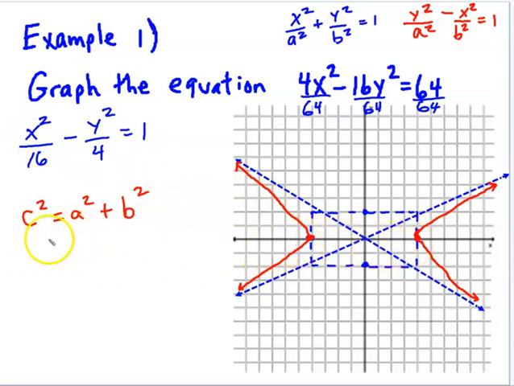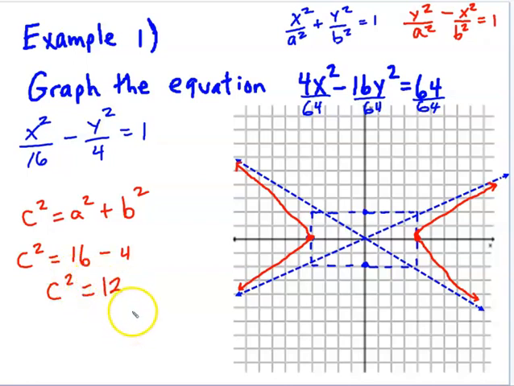Okay, so let's find out where the focal points, the foci, are. C still represents the distance from the center to the foci. So in my problem, a squared is 16 and b squared is 4. Remember, a squared is always first for hyperbolas. B squared is second. C squared is 12.